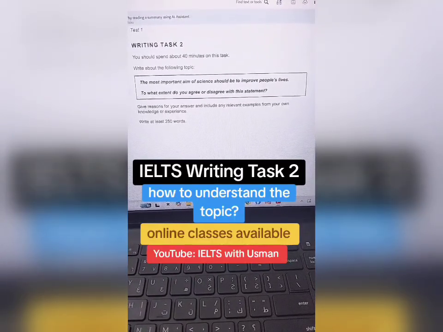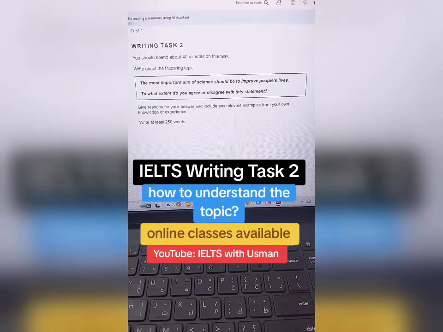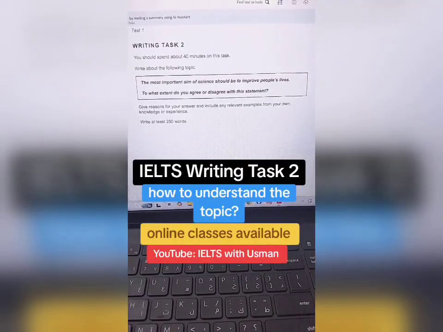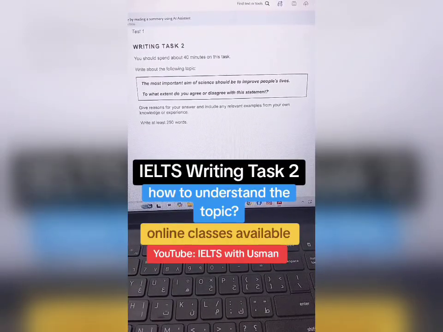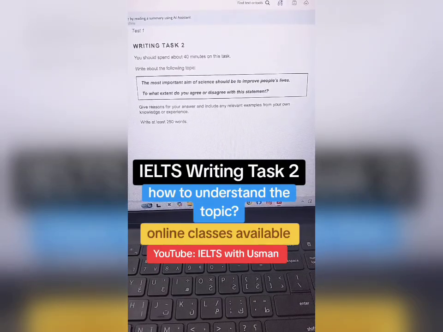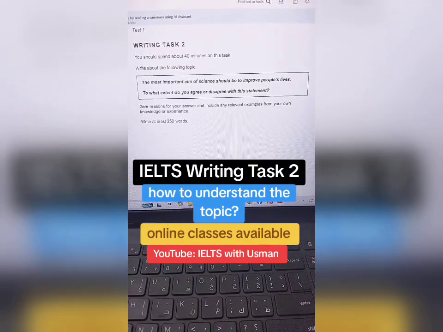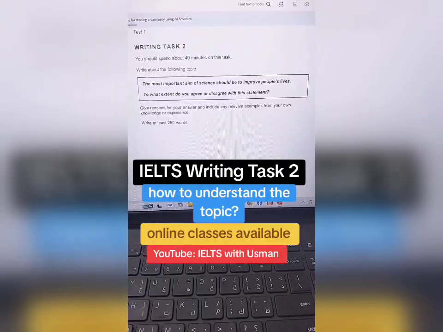So this is the complete thought which they will give you in the first sentence. You need to understand this sentence, because all of your essay will depend on your understanding.